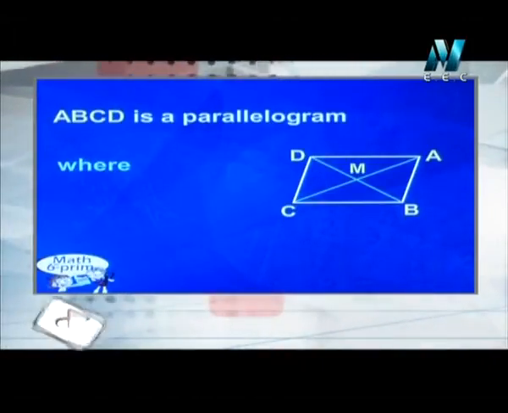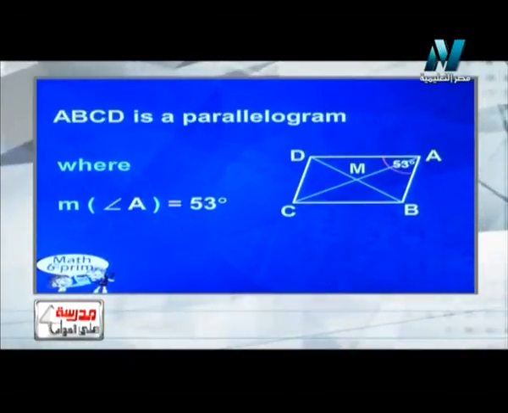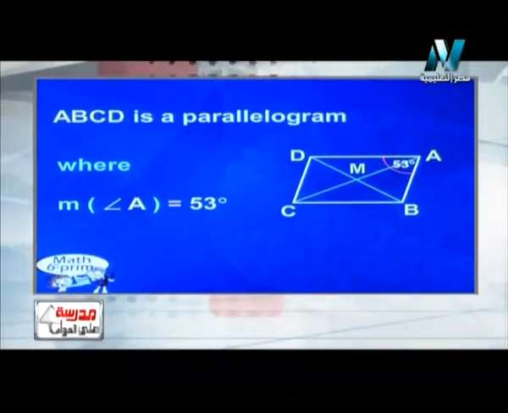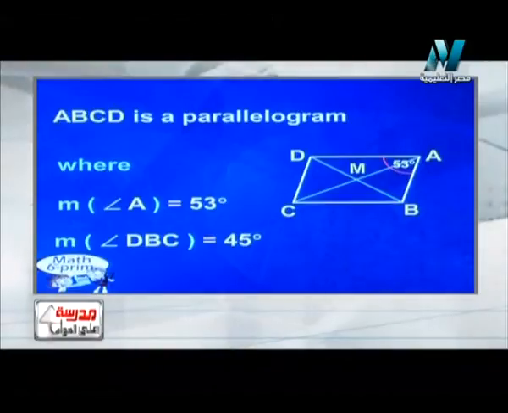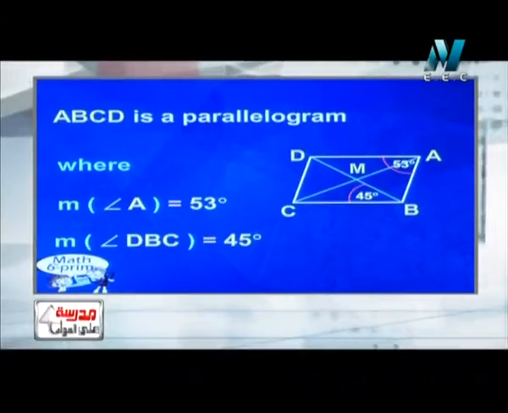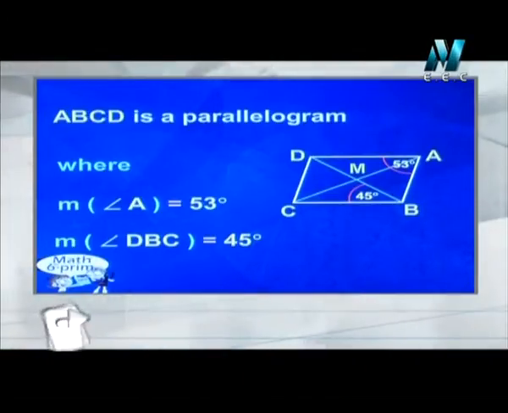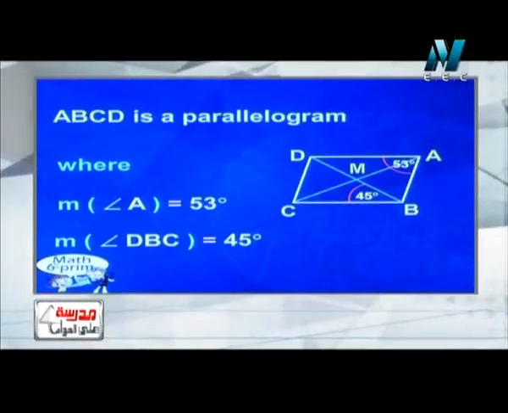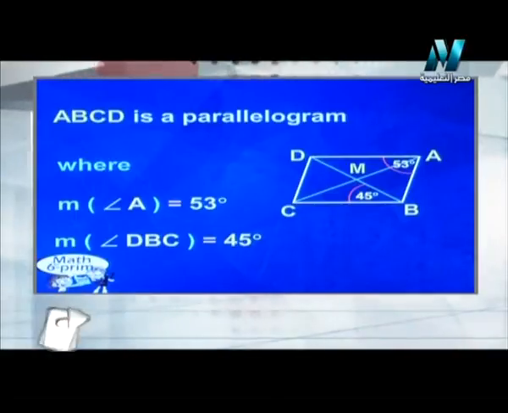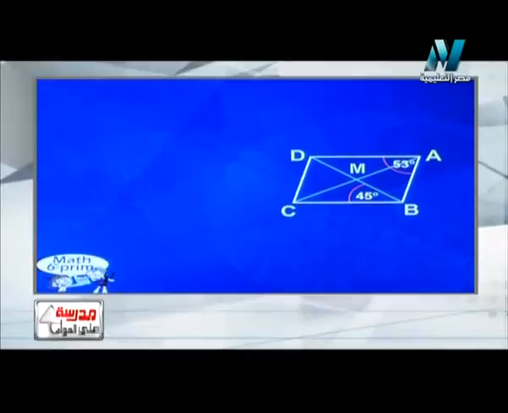ABCD is a parallelogram where the measure of the angle A equals 53, and the measure of the angle DBC equals 45. Very important exercise.